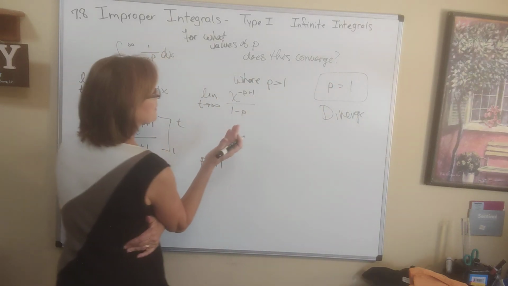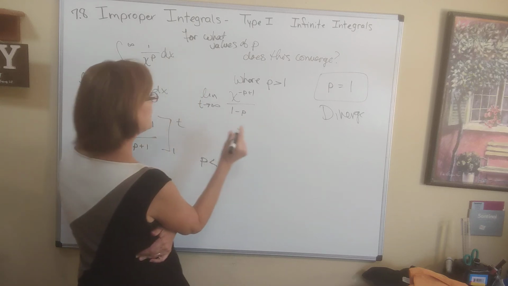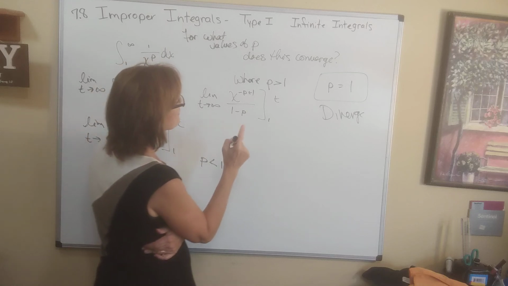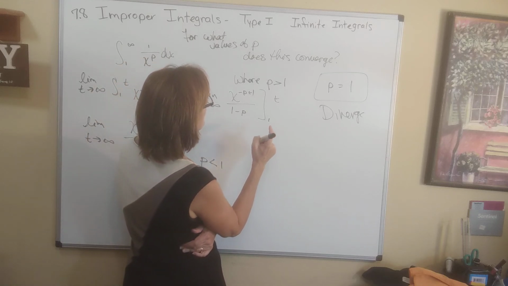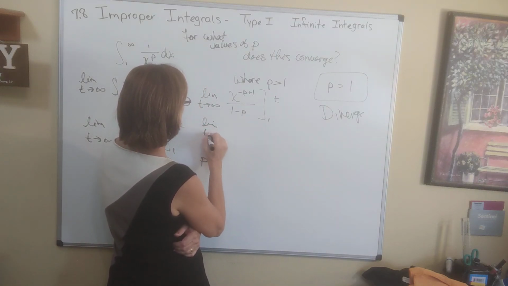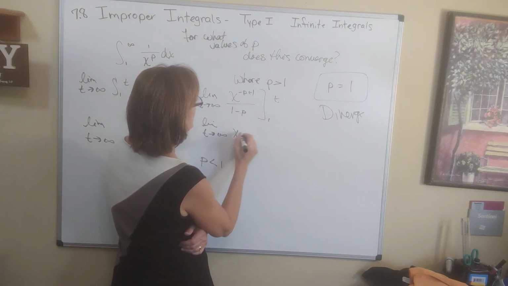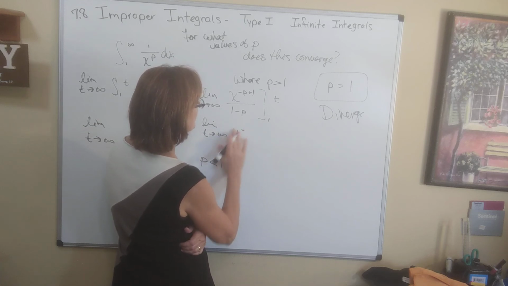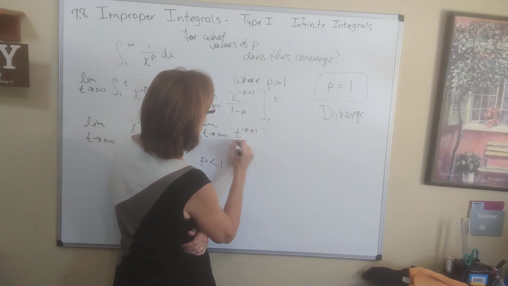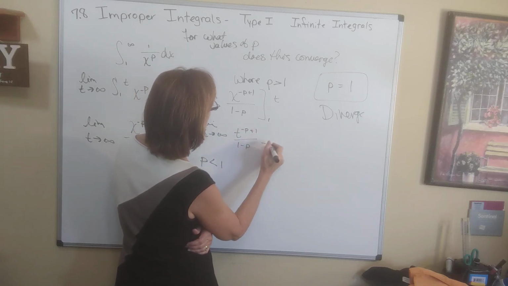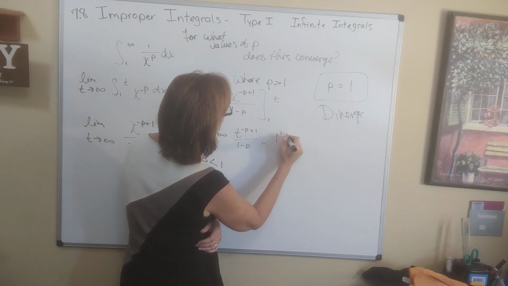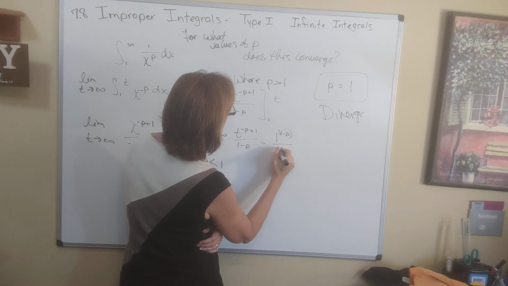We evaluate from 1 to t, so we get the limit as t goes to infinity of t to the 1 minus p, minus 1 to the 1 minus p, all over 1 minus p.